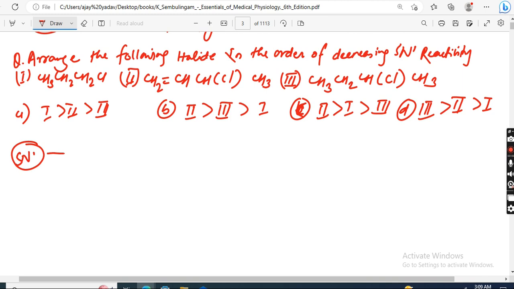In SN1 reaction, what is the intermediate? The intermediate formed in SN1 reaction is actually carbocation, right?